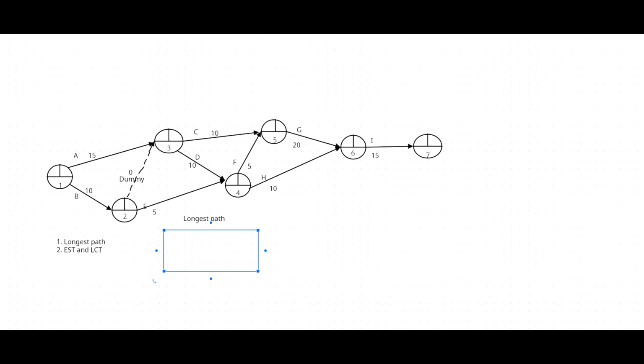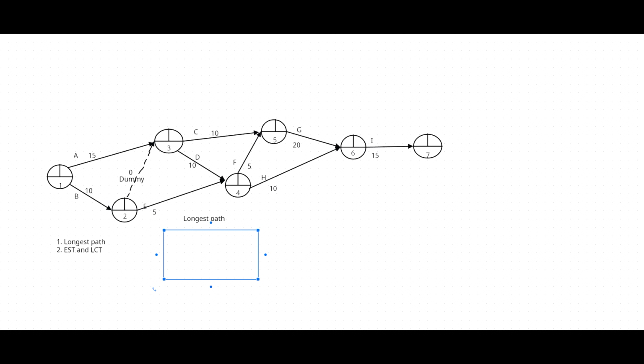Another alternative path: B, dummy, then D, H, I. Total duration B10, dummy 0, D10, 20, H10, 30, I15, 45.